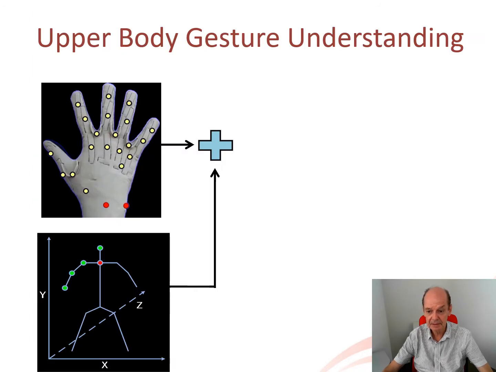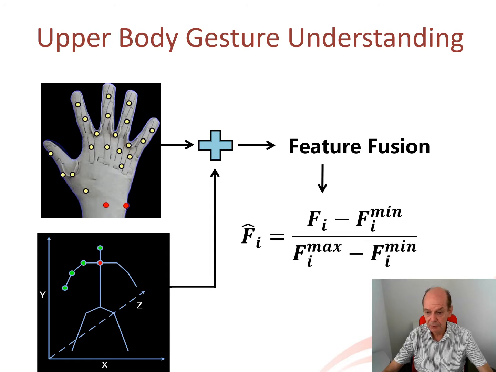Now when we get the information from the glove, which gives the information about the joints in the hand, and the camera that gives the information on the upper body joints, then we can mix them. This means to merge them, and from the two information we can get only one, which is depending on the hand and the body.